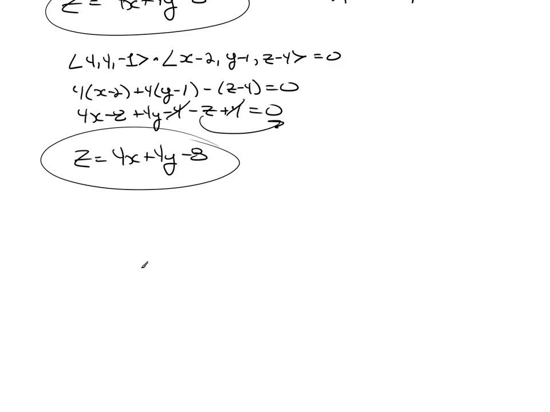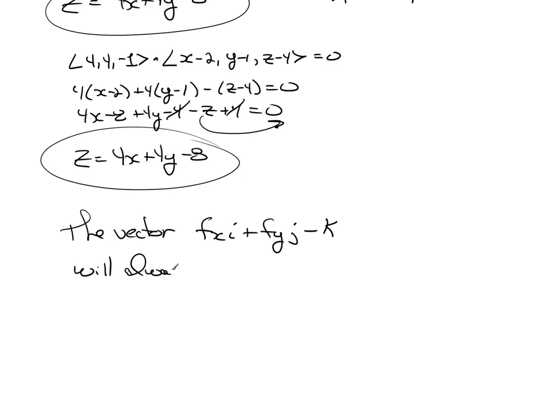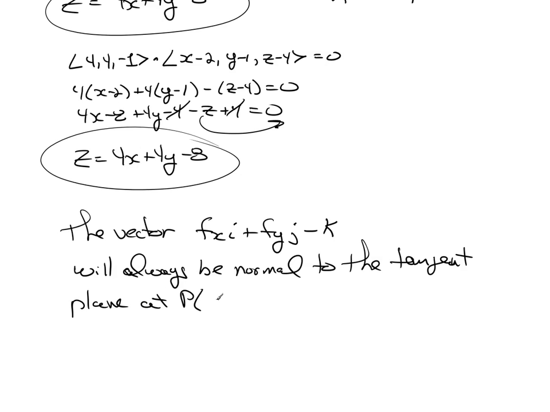Now, notice something to keep in mind here. You never know when it may come in handy. The vector given by the partial of f with respect to x times i plus the partial of f with respect to y times j minus k will always be normal to the tangent plane at the point (x naught, y naught, z naught).